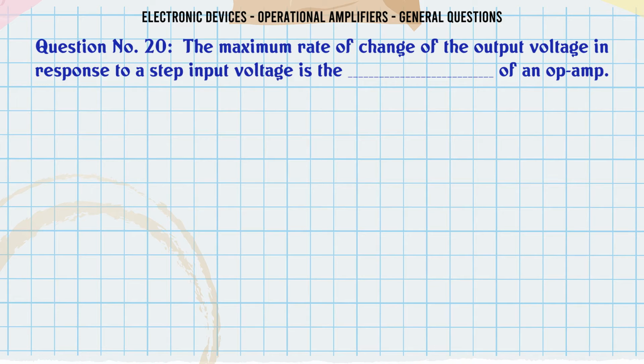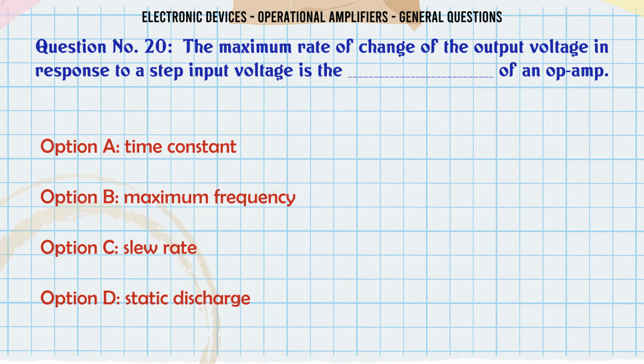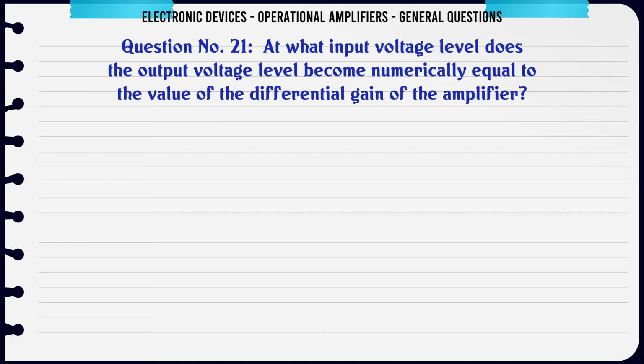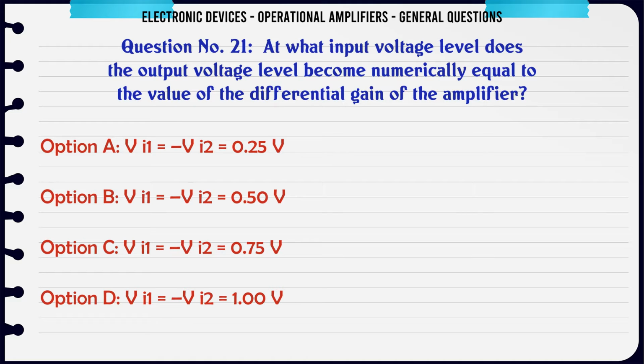The maximum rate of change of the output voltage in response to a step input voltage is the of an op-amp. A. Time constant. B. Maximum frequency. C. Slew rate. D. Static discharge. The correct answer is slew rate. At what input voltage level does the output voltage level become numerically equal to the value of the differential gain of the amplifier?